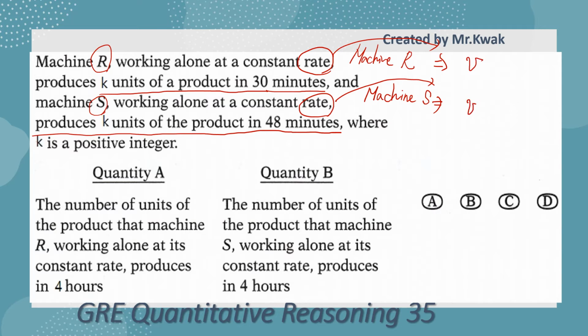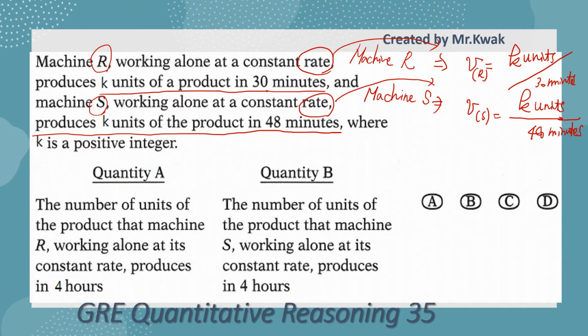So as we talked about before, the velocity is, to make K units, 30 minutes for machine R, and for machine S, to make K units, it takes 48 minutes. How can we write down the velocity this way?